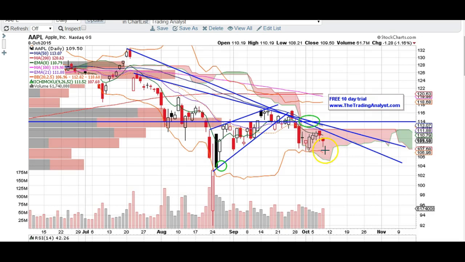We've got some support right around the 107 range right here from the lower Bollinger Band and from these couple of candles right here, as well as right here and right here, okay? But if it breaks below these candles, I believe we can fill this gap down here, which is right around 104.